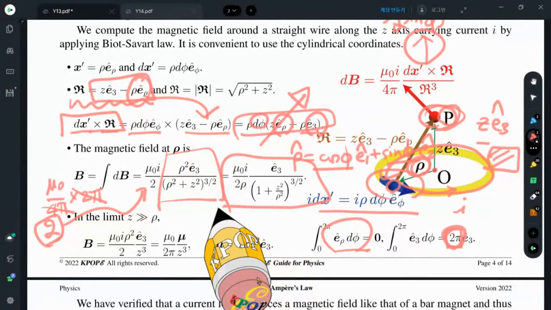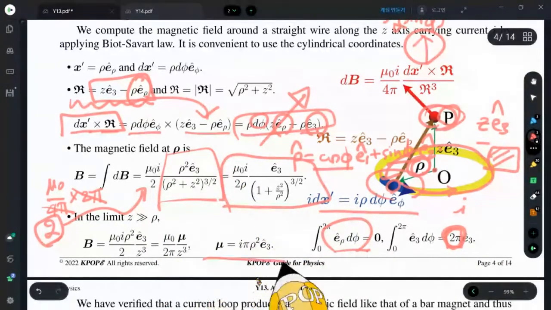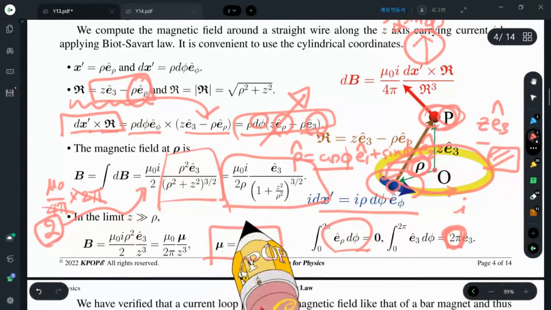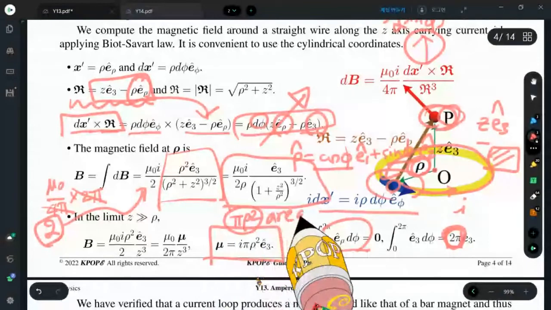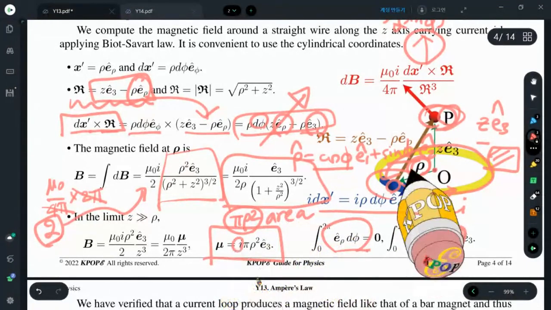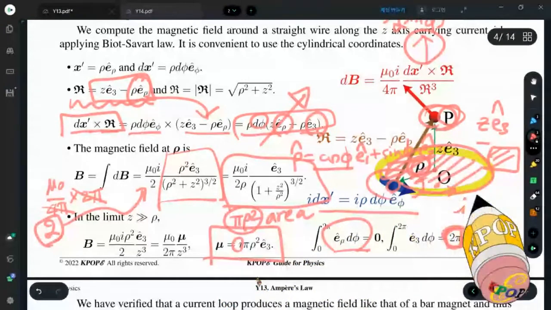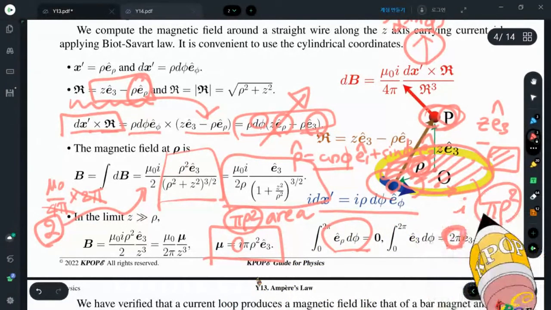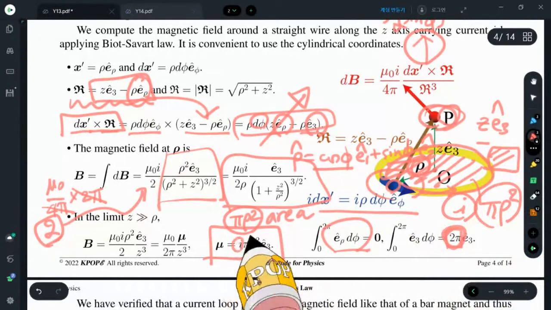Now, we would like to introduce the magnetic dipole moment. The magnetic dipole moment is pi rho squared times current. This is the area. Area of the circuit, pi rho squared, multiplied by current.